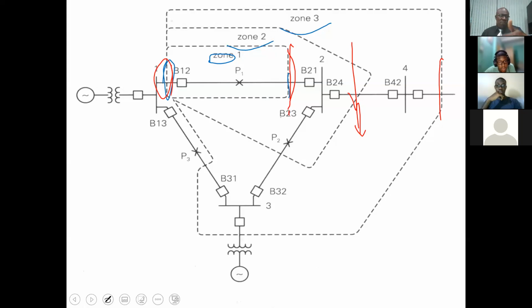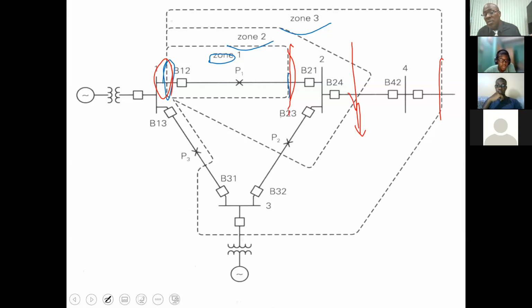So for zone 1, ideally, the international standard is 80%. So we look at 80% of the line. And then for zone 2, we say 120%. Then for zone 3, it's 100 plus 120%, 150% of the adjacent line.